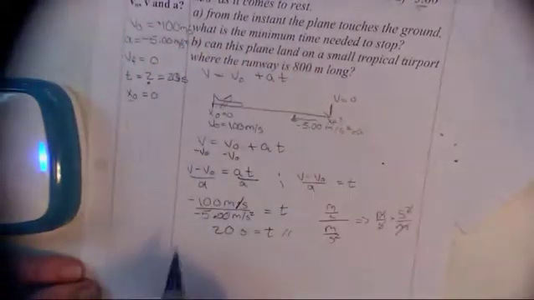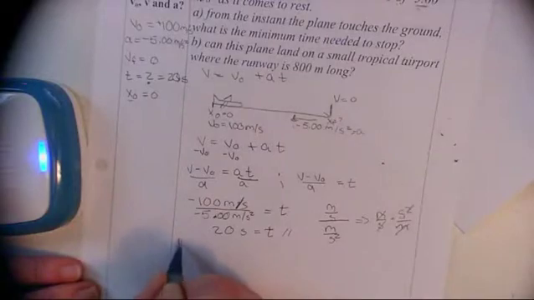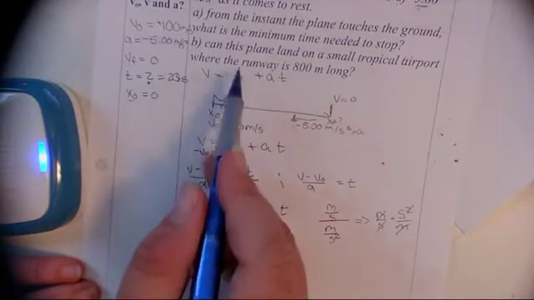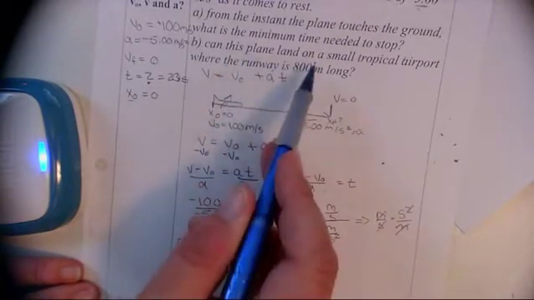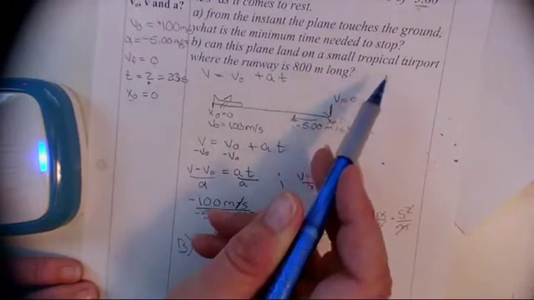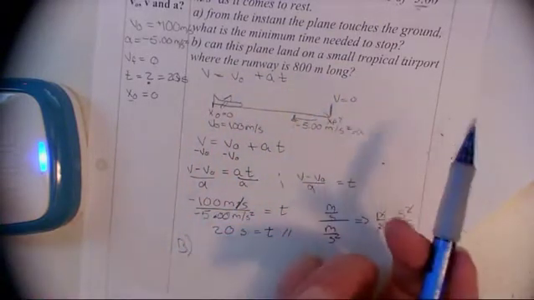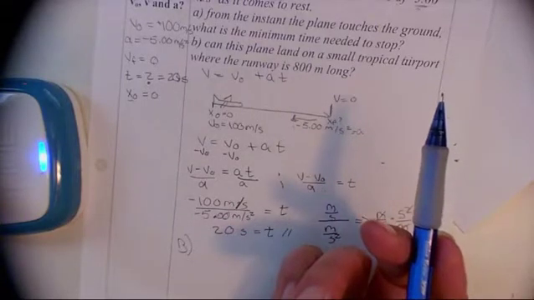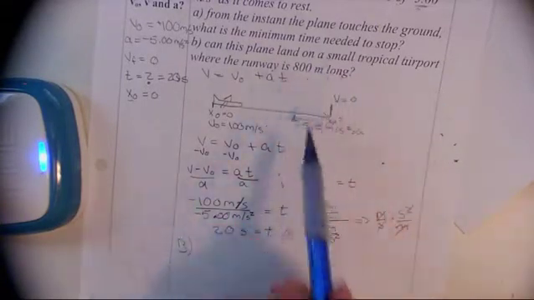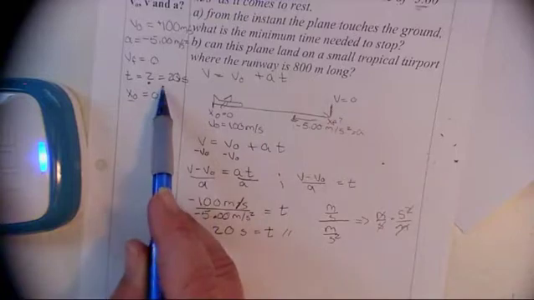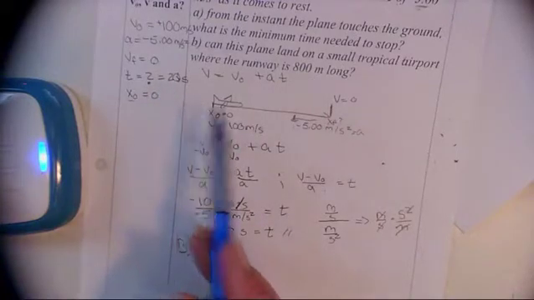Cool. Part B says, can this plane land on a small tropical airport runway that's 800 meters long? So the way I look at this is, let's see what happens at 20 seconds. What's the distance that I've covered?